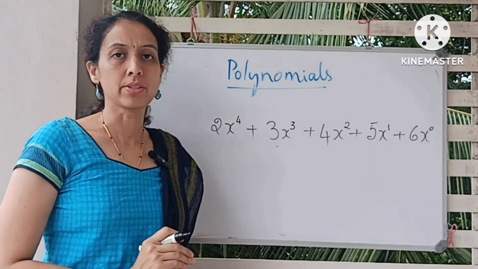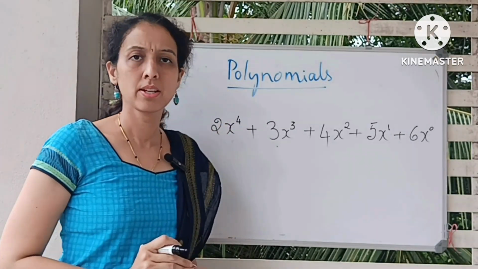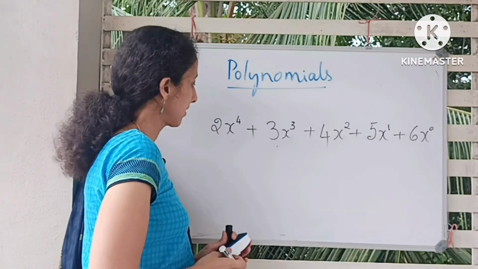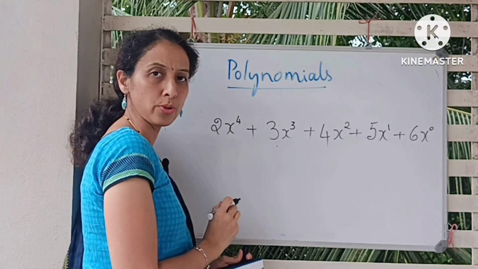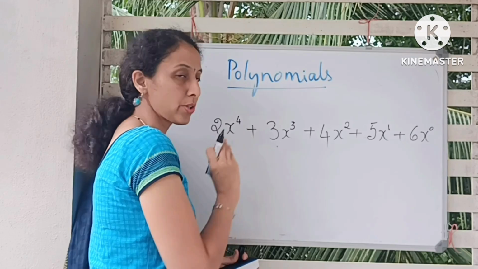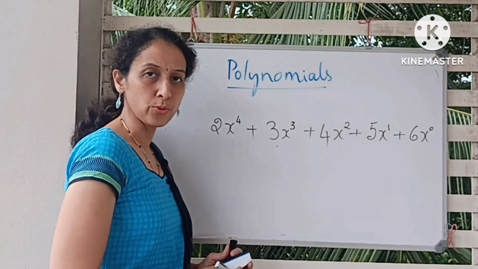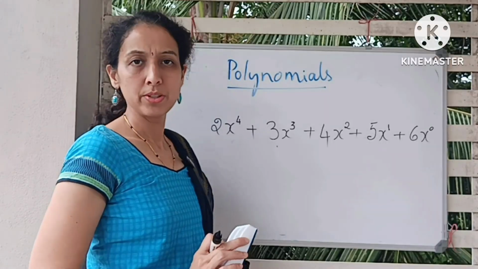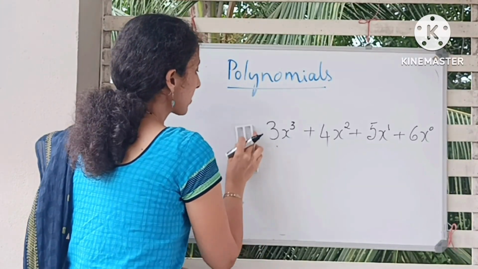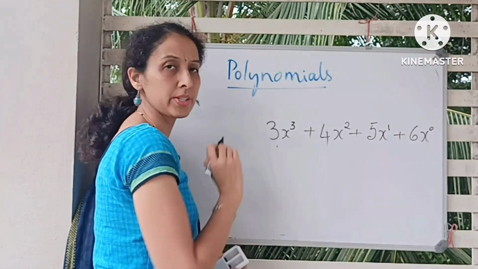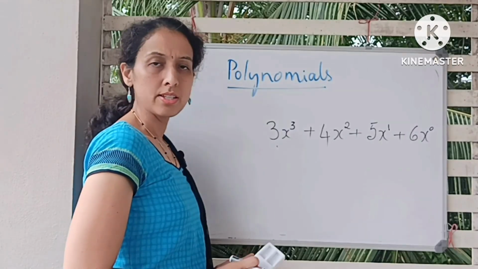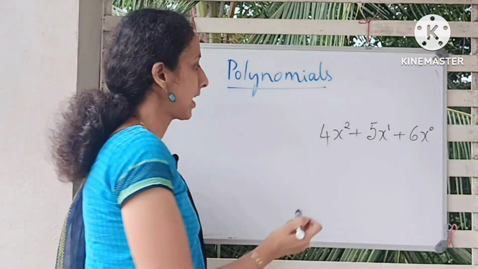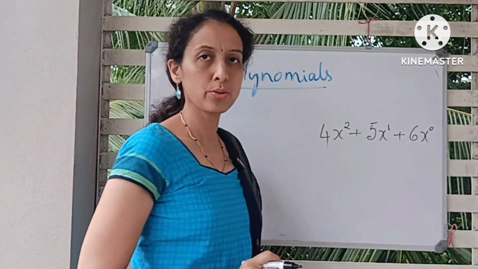The highest power or degree of the variable is the degree of the polynomial, and in this expression we have x to the power 4, so this polynomial is of the degree 4. The polynomials of degree 4 are called biquadratic polynomials. If I remove this, we have a polynomial of degree 3. This is cubic polynomial. If I remove that, I have x raised to the power 2.